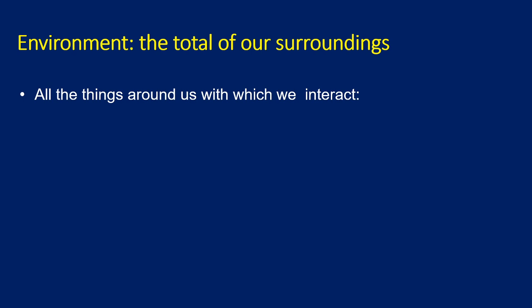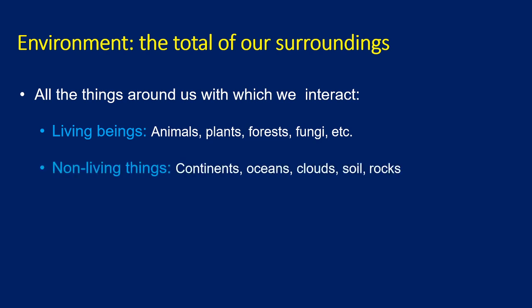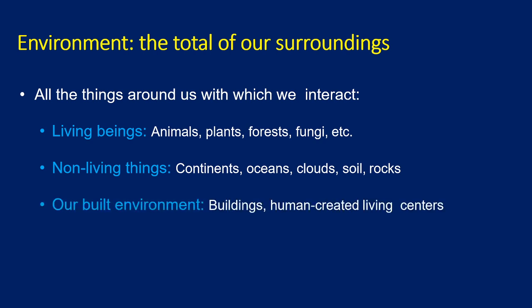Environment is the total of our surroundings, all the things around us with which we interact. First one is living beings. We interact with animals, plants, forests, fungi, microbes, anything we interact with. Non-living things: continents, oceans, clouds, soil, rocks, we have interaction.